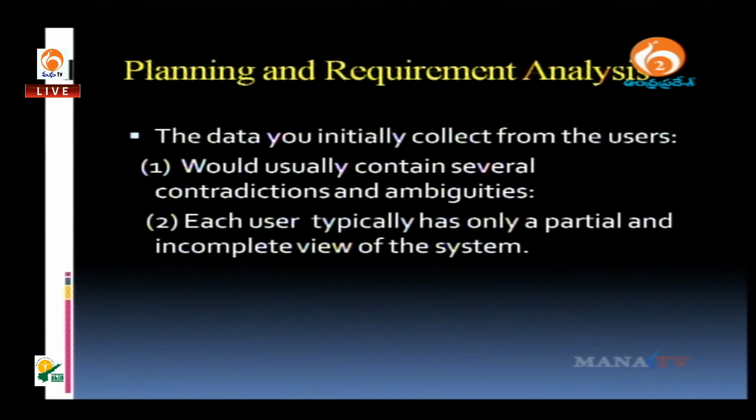Once the data we initially collect from the users first usually contains several contradictions and ambiguities. Ambiguity means confusedness. Second, each user typically has only a partial and incomplete view of that system. We need to rectify the incompleteness of their requirements, and we need to clarify the ambiguities.